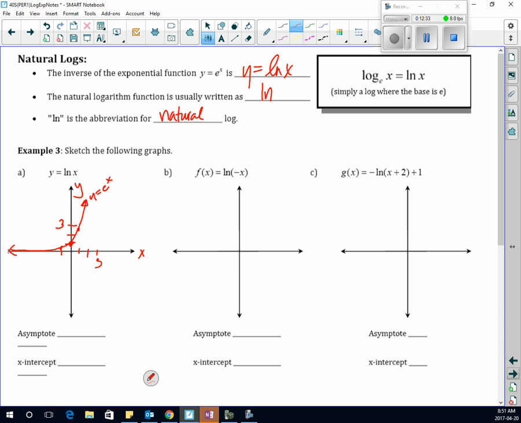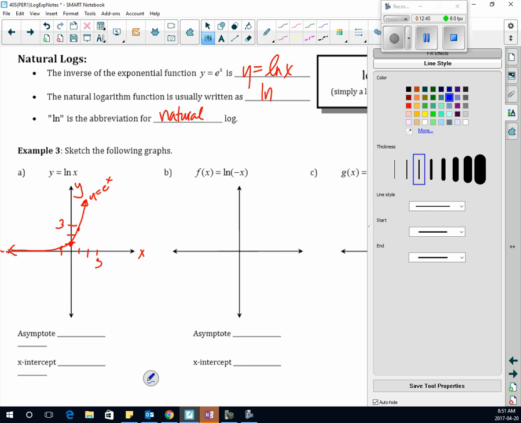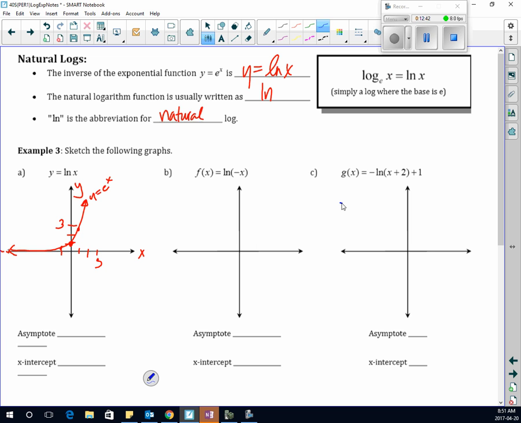Remember, this is an inverse function. So what does that mean? Yes, it's a reflection over y equals x. I switched the x and the y around. So what does 0, 1 become? 1, 0. What does 1, e become? E, 1. E is 2.71, so just before 3 at the height of 1, that's where it's going to be.